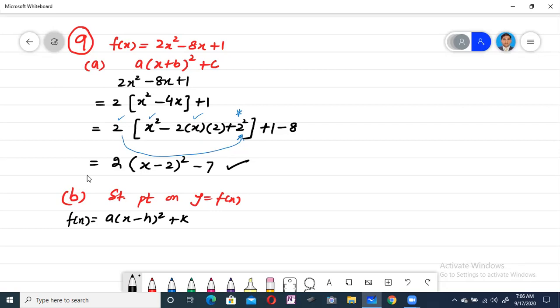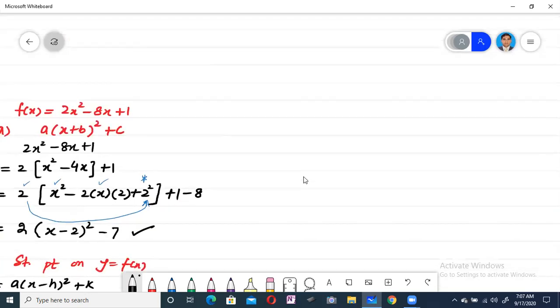A is 2, x is x, minus is minus, h is 2, and k is minus 7. Therefore, stationary point is 2 and minus 7.